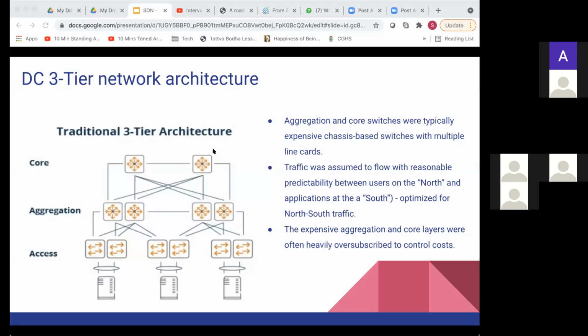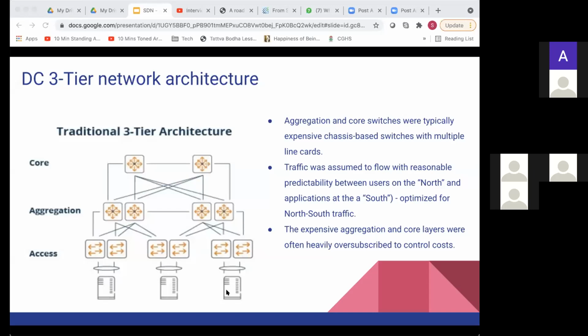These were all giving the foundations to SDN. This particular architecture was designed to give predictability for the traffic flow between the users on the north, who are connected to the core switches through the public internet, and the south at the bottom, where the applications are running on hosts connected to the access switches.